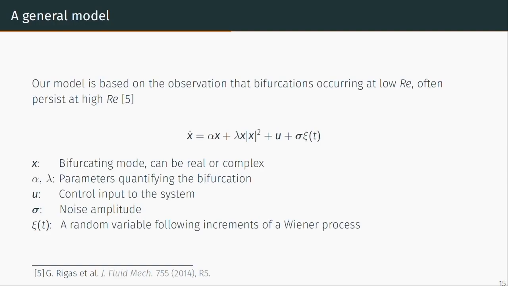Because these large-scale coherent structures in the wake initially arise from bifurcations at very low Reynolds numbers, we can follow a modeling approach originally suggested by one of my colleagues, George Regas at Imperial, where we model these features of the wake in the turbulent regime as the equation that governs that original bifurcation, but with the addition of some stochastic term, which in a phenomenological sense models the effect of turbulence, the small-scale turbulent fluctuations that are present in the high Reynolds number flow.